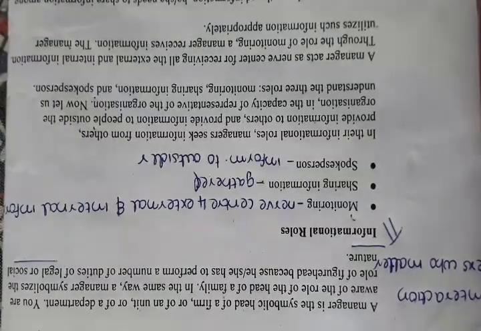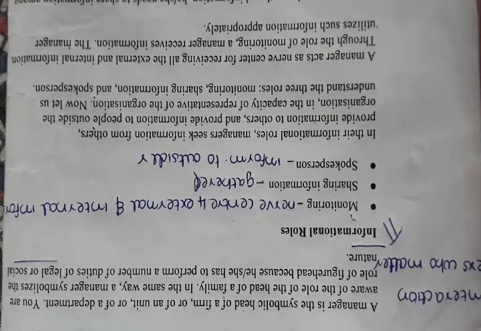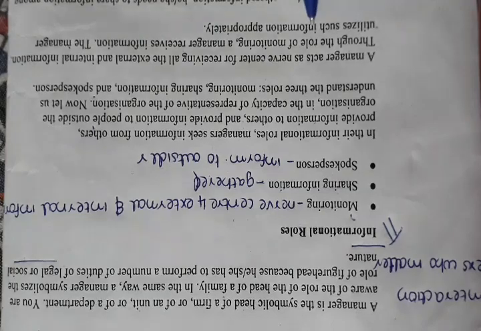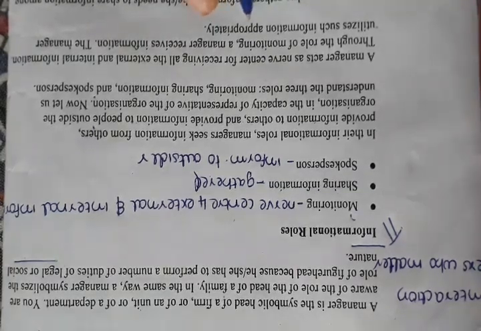We know that in the interpersonal category, the first is within the organization, and liaison is getting information from outside. Whether it is internal or external information, he has to monitor it and look after it. Through the role of monitoring, a manager receives information. The manager utilizes some information appropriately.